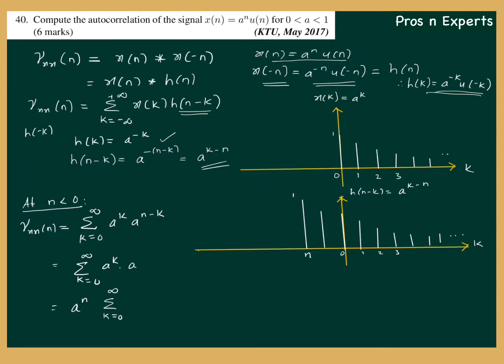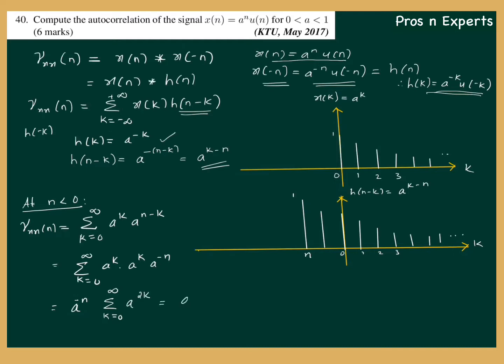So a raised to k into a raised to k minus n is a raised to k into a raised to minus n. With respect to sigma over k, a raised to minus n is a constant, so I can take it outside as a raised to minus n into sigma over k equal to 0 to infinity a raised to 2k.